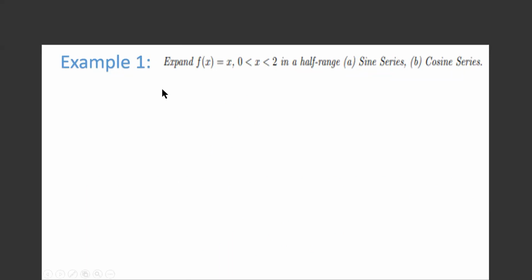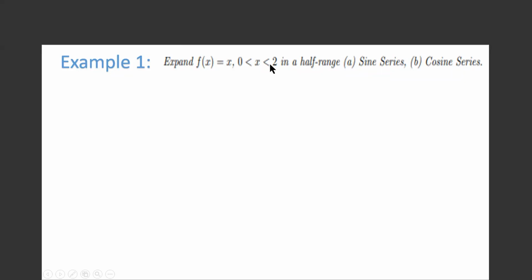Let's go for this example. Expand your function f of x equal to x, from 0 to 2, in half range. First, section A, to have a sine series. Section B, to have a cosine series. What does it mean, expand? It means I know my function in this half range. So 0 to 2 is my half period, right?